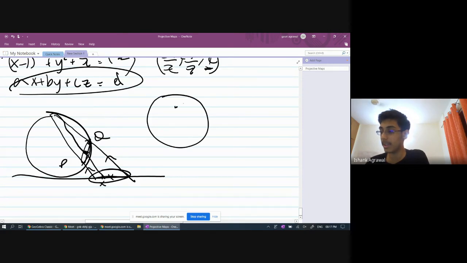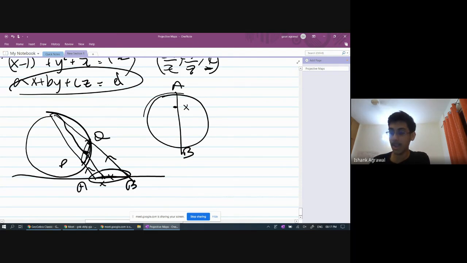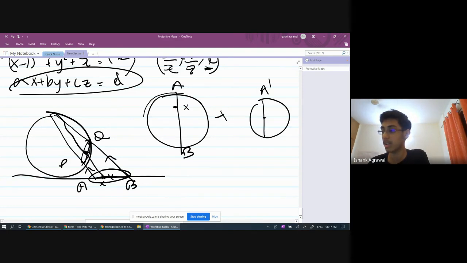Like if we have a point X in the circle, what we do is we set up this as the diameter. Like if this was X, this A, this B, we think of the circle as this. And so then when we take the stereographic projection, X then becomes the center of the circle. Does that make sense?